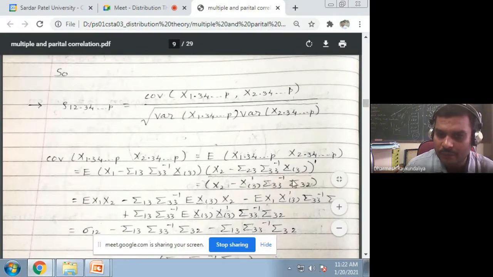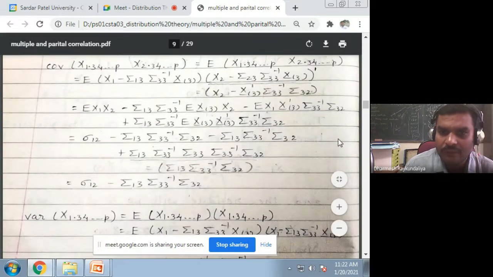So it is sigma 1,3 sigma 3,3 inverse, multiplied with x3 x2. Sigma 1,3 and sigma 3,3 inverse are constants outside, and it is the expectation of x3 x2. Then we multiply x1 with this quantity: expectation of x1 x3 transpose sigma 3,3 inverse sigma 3,2 on this side.